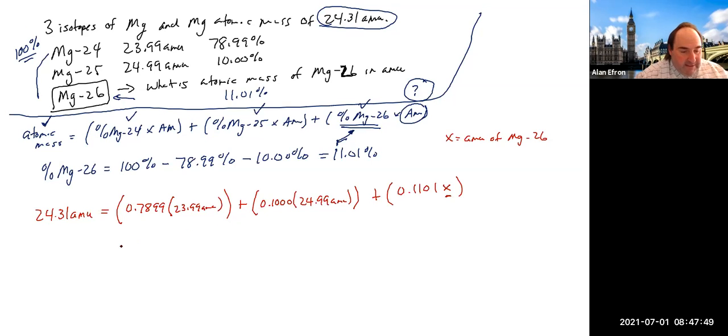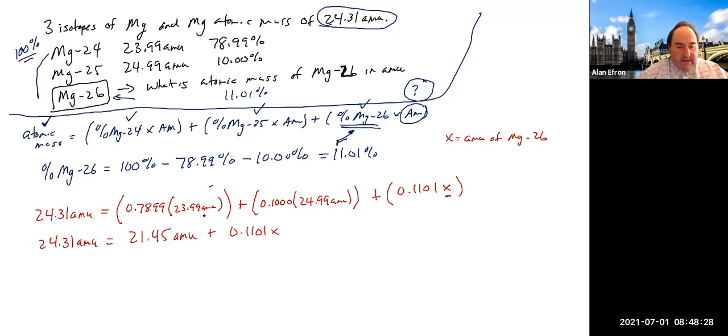All right, so doing some cleaning up here gets us 24.31 AMU is equal to 0.7899 times 23.99, which gets us about 18.95 AMU, plus 0.1 times 24.99, which gives us roughly, rounding a little bit, 21.45 AMU, plus 0.1101x.